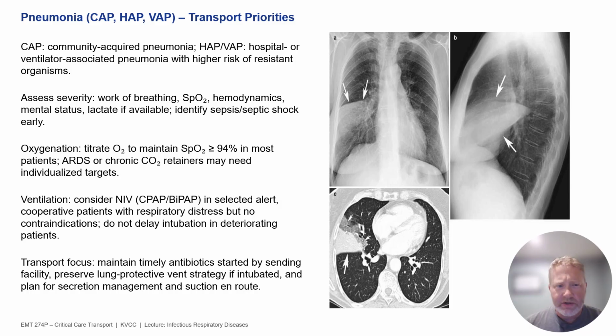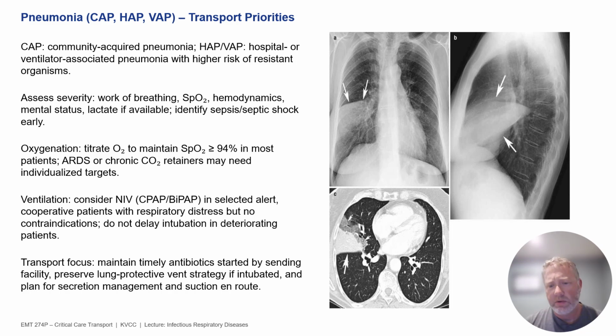For oxygenation for pneumonia patients, given that they don't have an underlying COPD history, you should target a SpO2 at or above 94% in most cases. If the patient's already intubated, you're going to be looking at lung protective settings from the moment that they're on the ventilator.